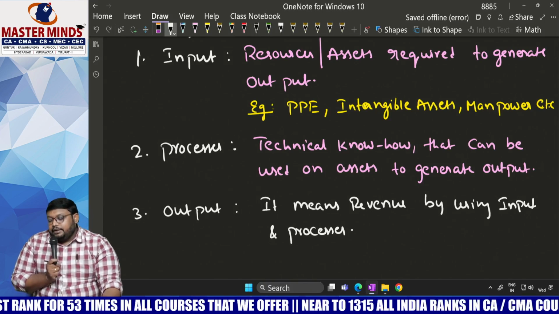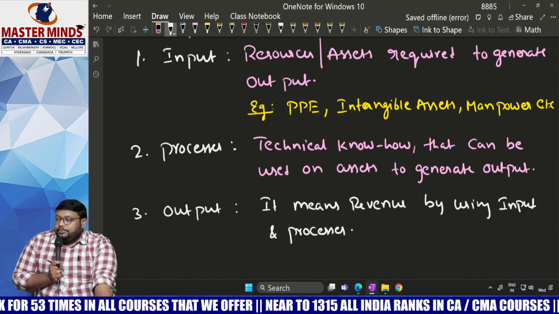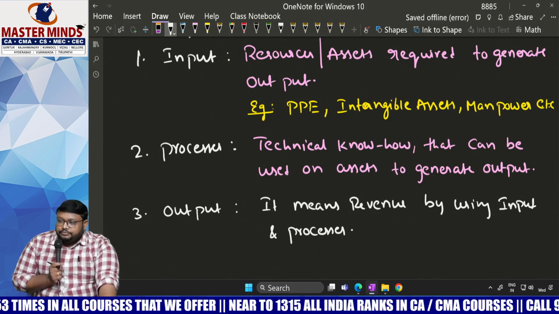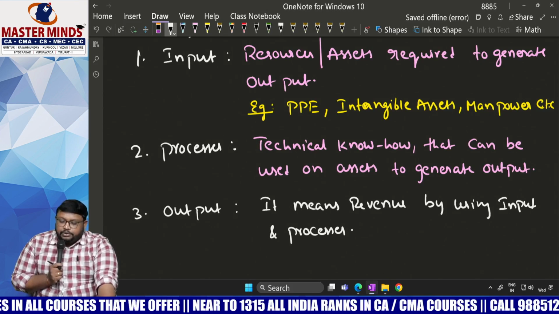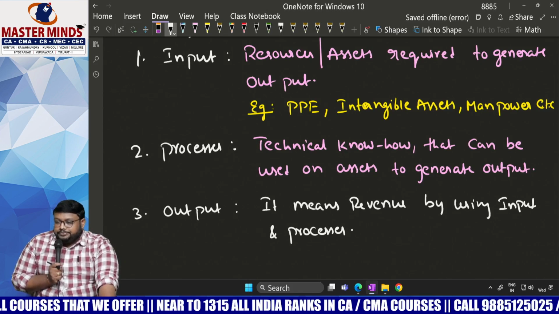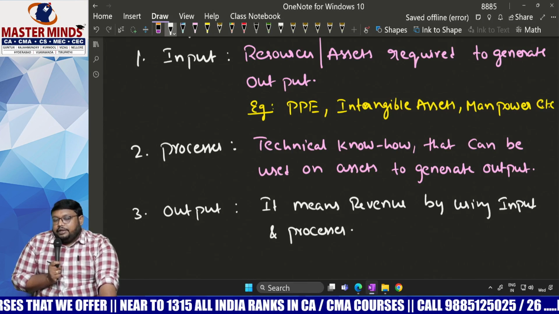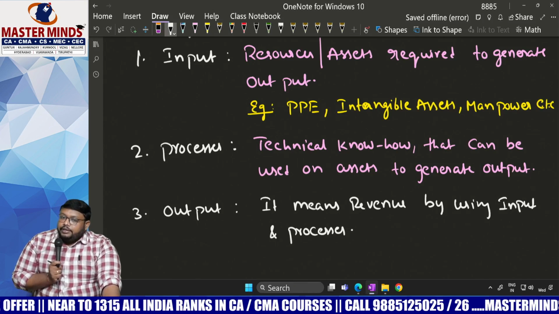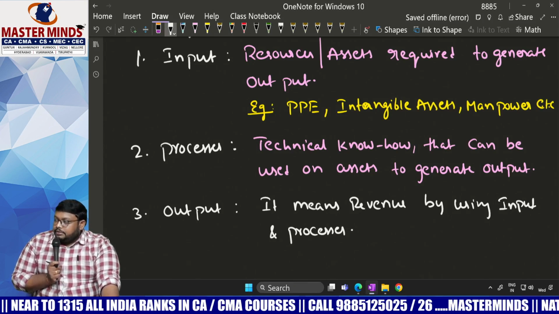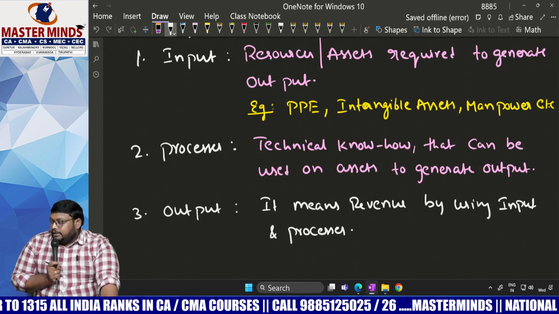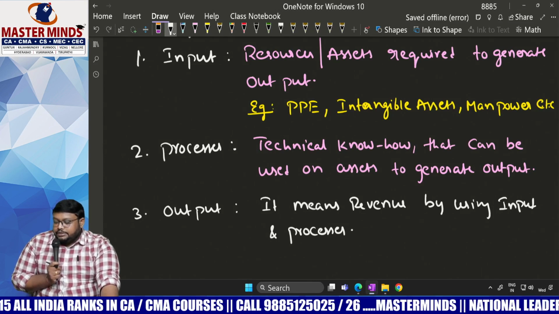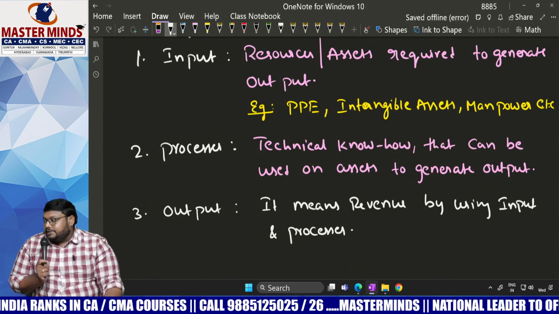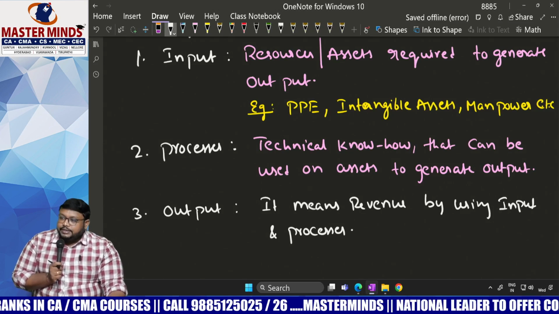Output is nothing but revenue generated by using input and processes. By inputting some assets and using those assets, we produce the goods, and by selling the goods you generate the revenue. All three activities together, we call it a business.